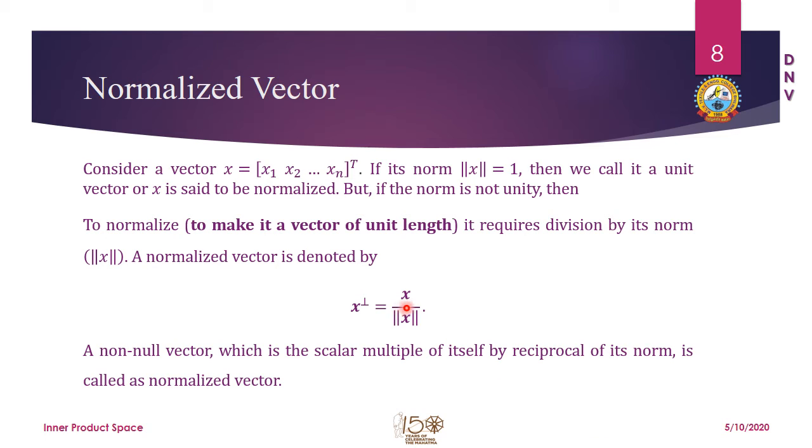Here we can see that this norm is a scalar and this is a vector, so we can call this the scalar product of 1 upon norm of x into x. We have defined this for a non-null vector, because if it is a null vector, then its norm will be 0 and we will not be able to define the normalized vector. So this is the definition we will be using in the coming discussions.